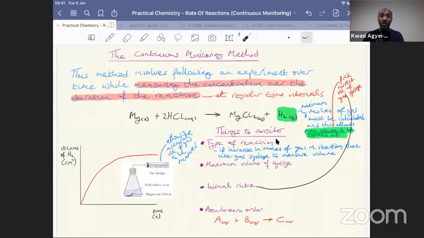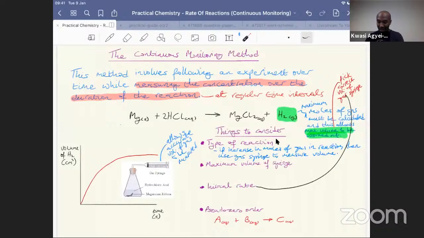In that instance, you would need to use a very large excess or very large concentration of the other reactants that you are not interested in, so that over the duration of the experiment, their concentration will barely change. So very negligible change in the concentrations of the reactants you're not interested in. And that means that they are effectively zero order with respect to this reaction. In other words, the change in their concentrations isn't going to affect the rate. So it changes so minimally.